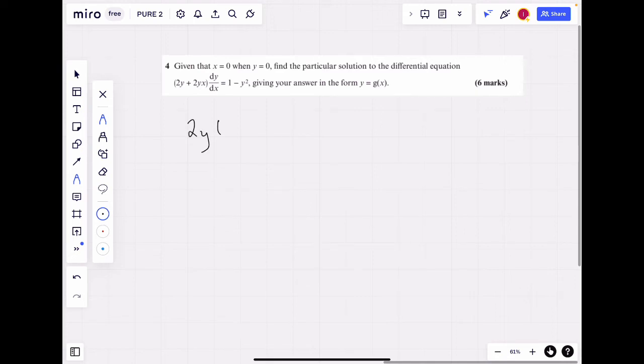So 2y(1 + x) dy/dx equals 1 − y². Now I'm going to divide by the bracket, so dy/dx equals (1 − y²) all over (1 + x). That's what I've divided by the bracket on the left.